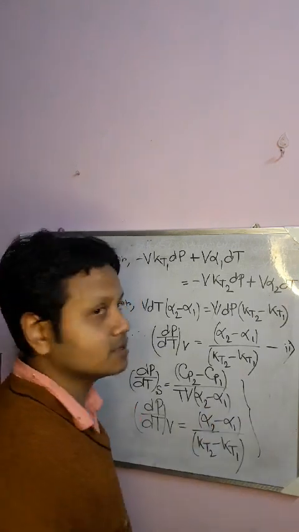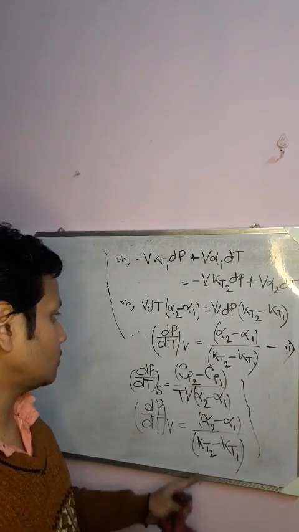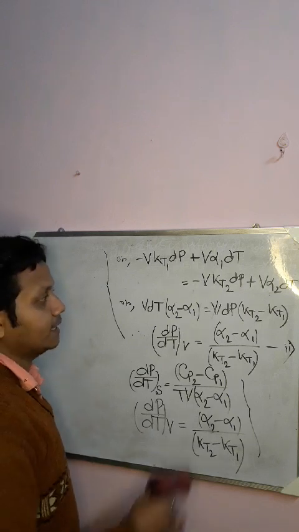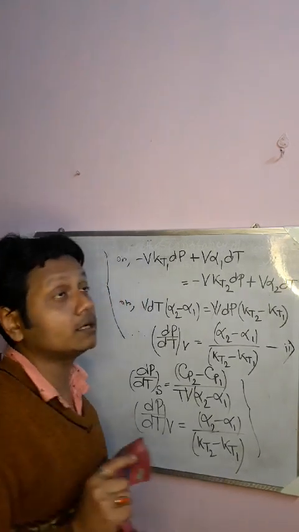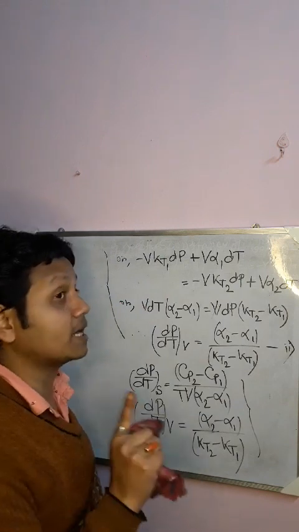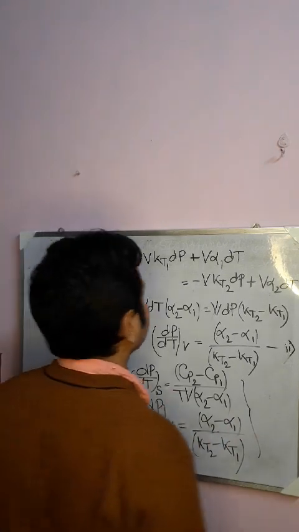So these two represent the second order phase transition. This is about second order phase transition and the Ehrenfest equations, and we will learn about second order phase transition in more detail in the phase transition and equilibrium chapter, which I will start later.